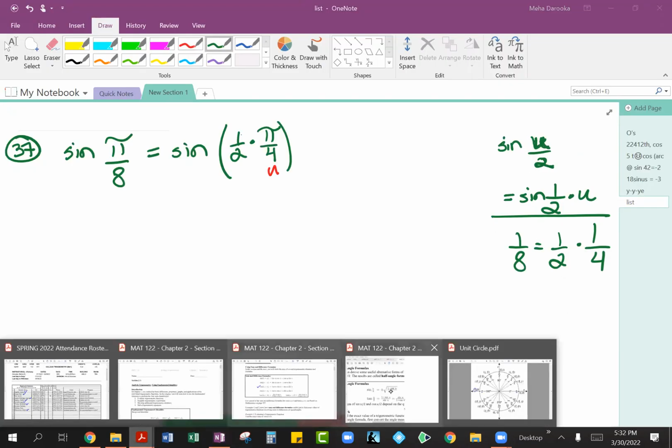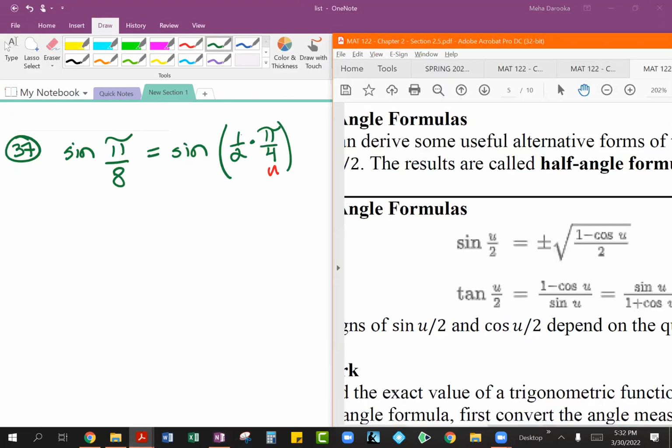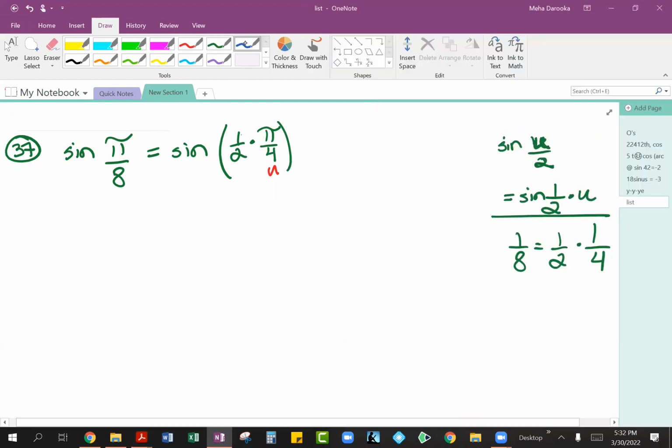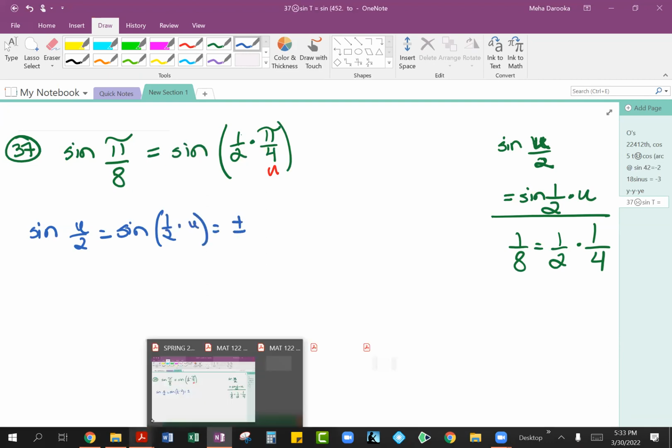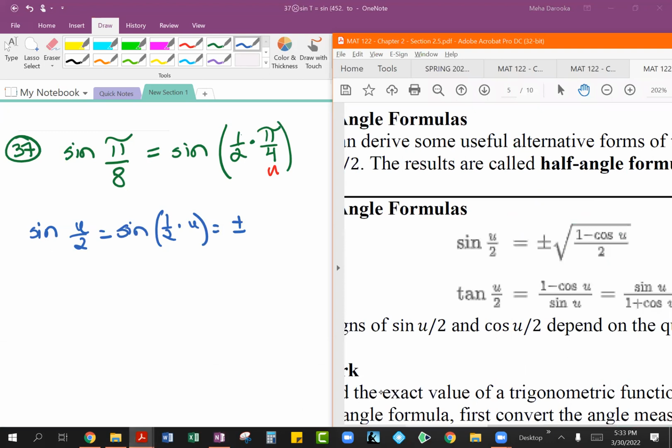Now, let's bring in our formula. Sine of u halves, or sine of 1/2 times u, is plus or minus the square root of 1 minus cosine u over 2.